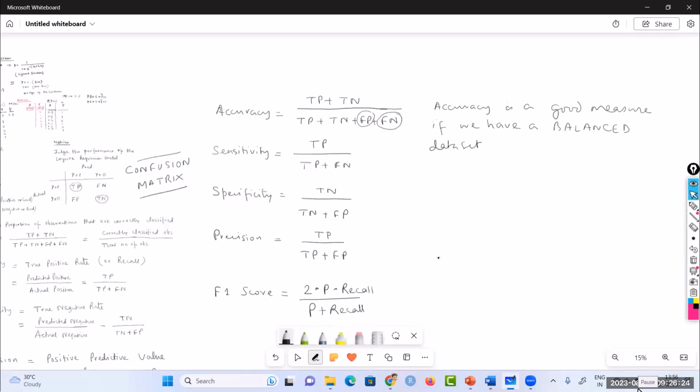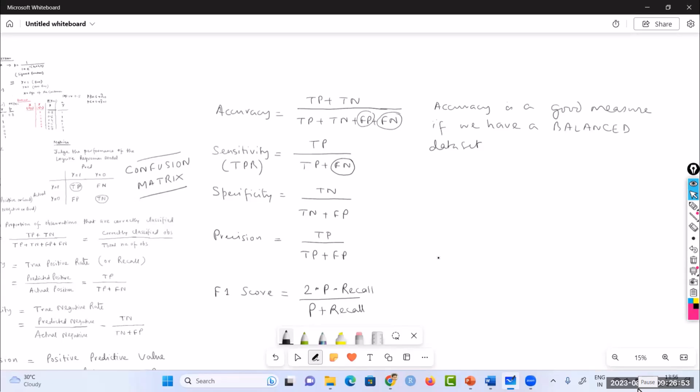Okay. Now, coming to the sensitivity or true positive rate. So here I have false negative. So if false negative plays an important role, that means if in my data set I have a large number of false negative, then that will be identified by this metric, sensitivity.